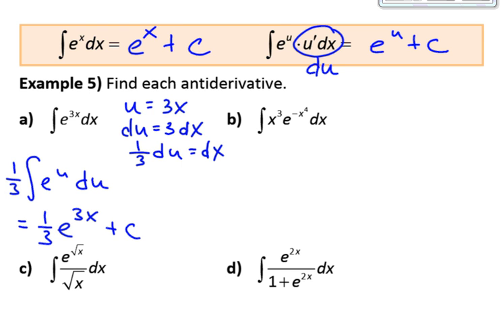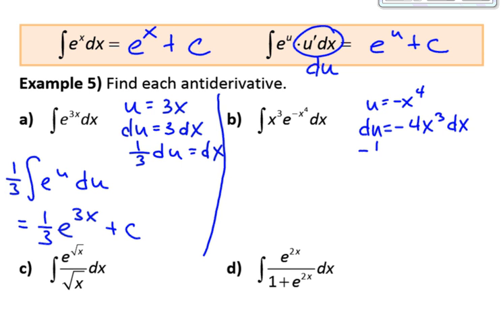Okay? So b, we have x cubed times e to the negative x to the 4th, and you can quickly see there that if u is negative x to the 4th, then you've got your du sitting right there as x cubed. So that's going to be negative 4x cubed dx, and if you divide by negative 4, you get negative 1/4 du equals x cubed dx.